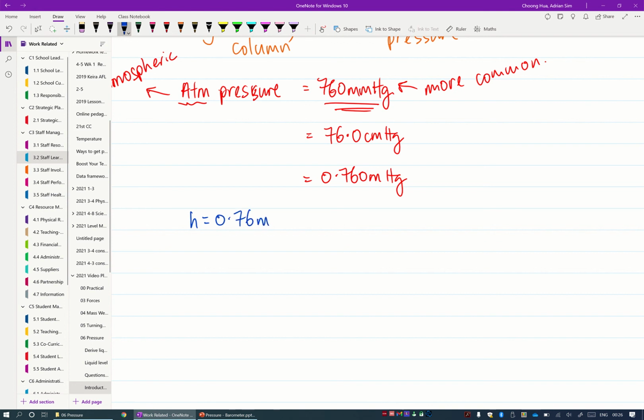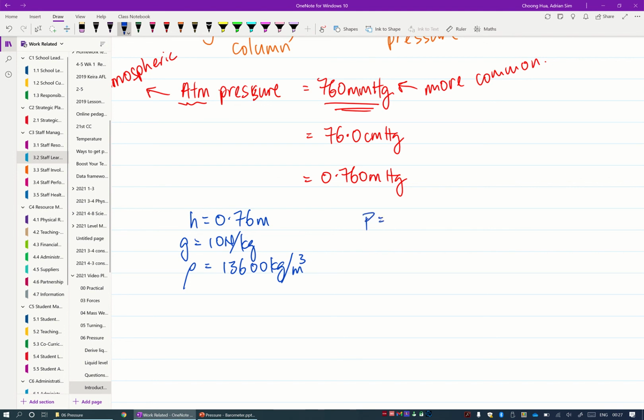We take it as 0.76 meters. Gravitational field strength is 10 Newton per kilogram, and the density of mercury will be 13,600 kilograms per meter cube. So you don't have to memorize all these values, but once you're familiar with it, it just pops into your head.